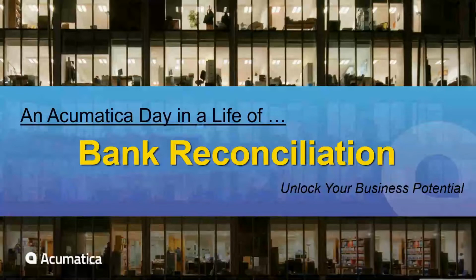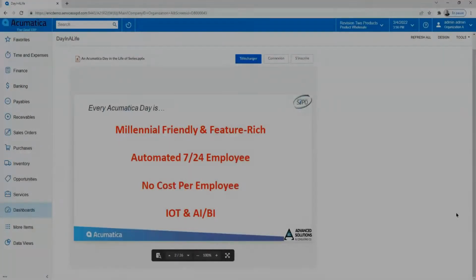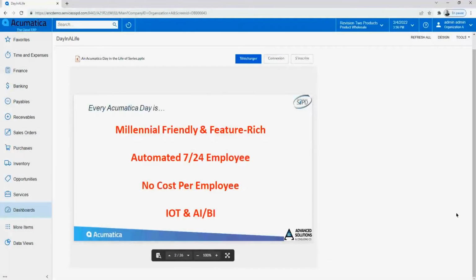Talking of three steps, the thing that we also like to point out with Acumatica are the items that make it differentiated in the marketplace. One is it's extremely friendly and feature-rich, and we hope to show you that with our bank rec feature today. The second is that it has automated processes baked into the software, kind of like having a 7x24 no-cost employee.